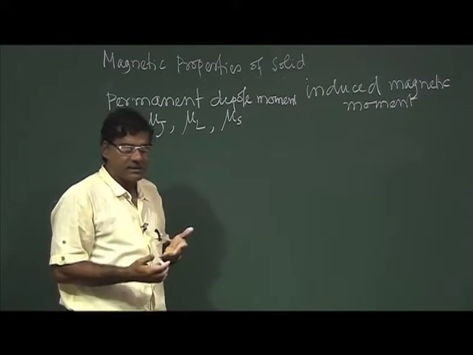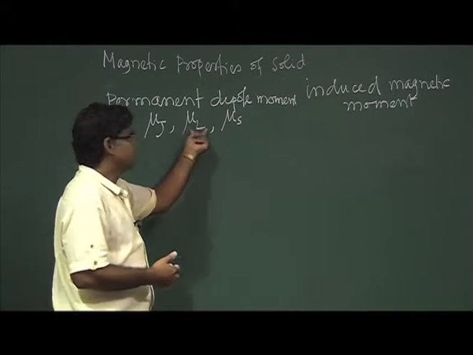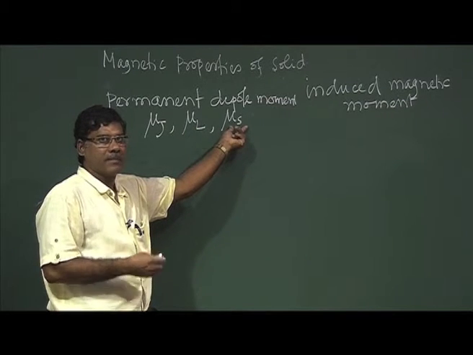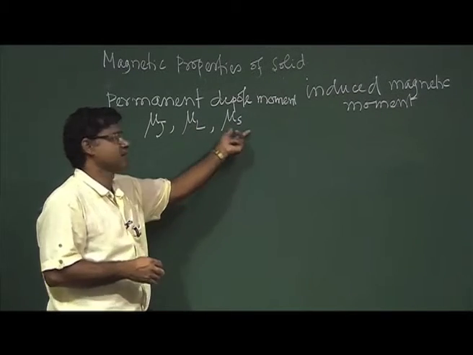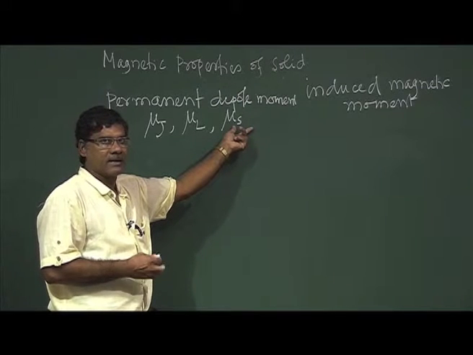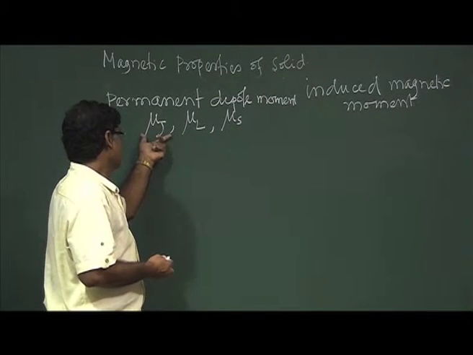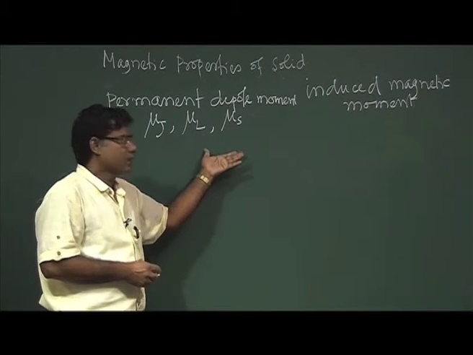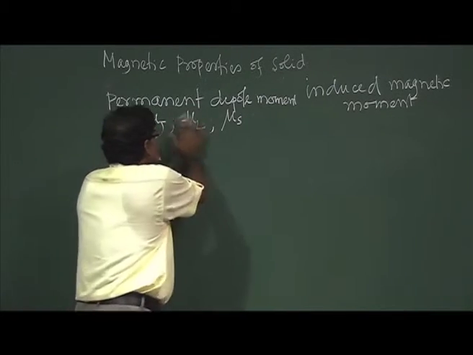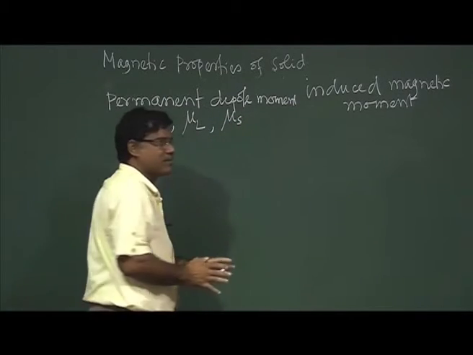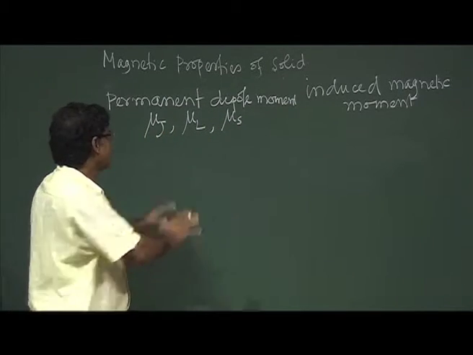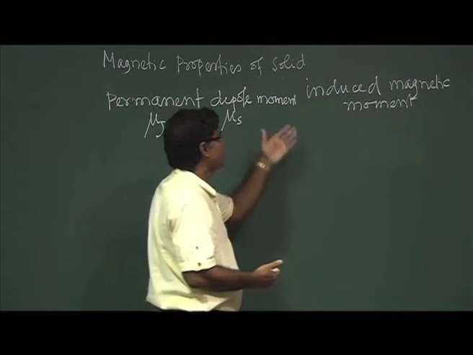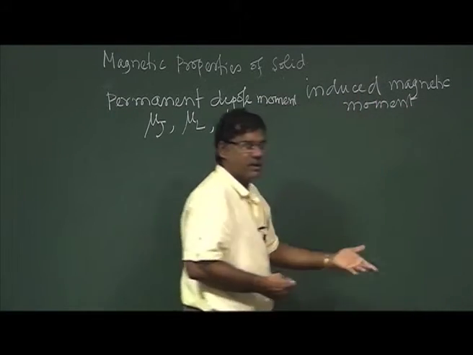In some materials, L is 0 but S is there, like manganese ion, so mu j is there and equals mu s basically. But there are some materials where the permanent moment is 0, but still they show a magnetic moment. That is because of the induced magnetic moment.